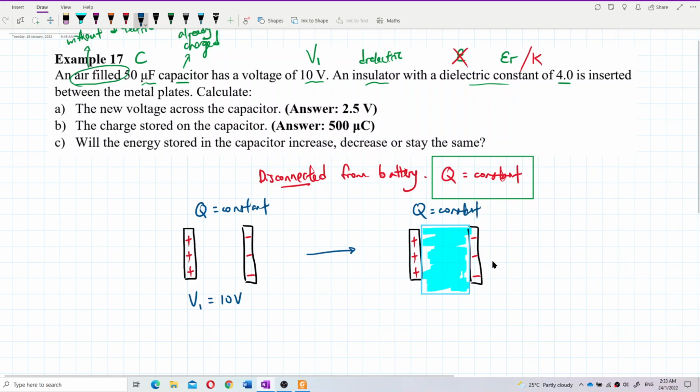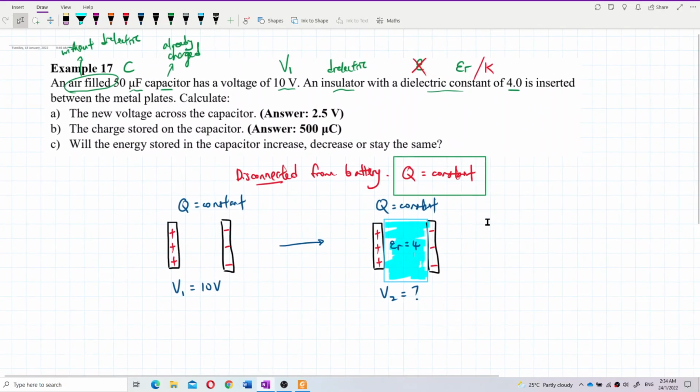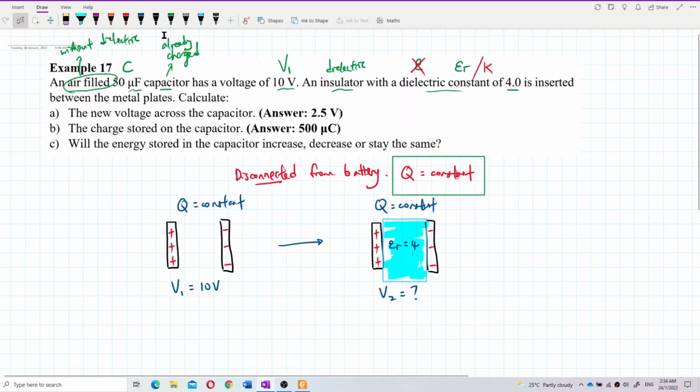But then it will have a different voltage. We don't know what the voltage is. So that's it. We put the dielectric in between with ER equal to 4.0. So let's calculate the new voltage V2 across the capacitor. So how to do this question?